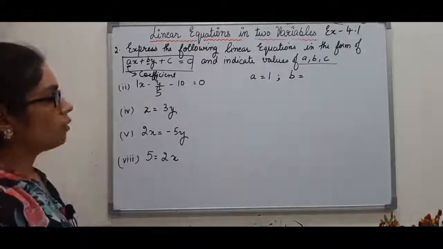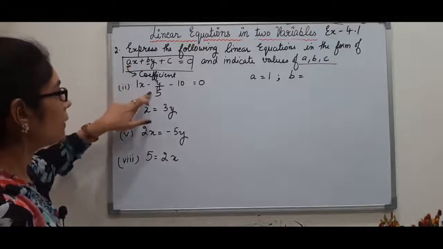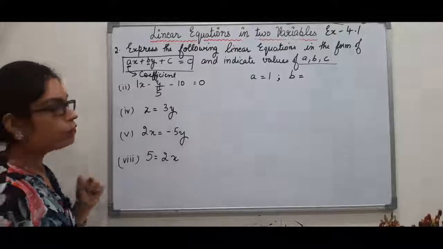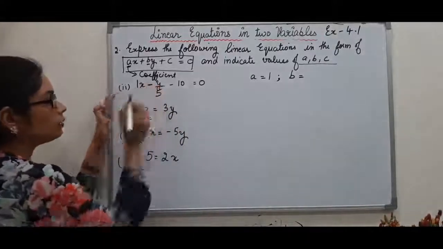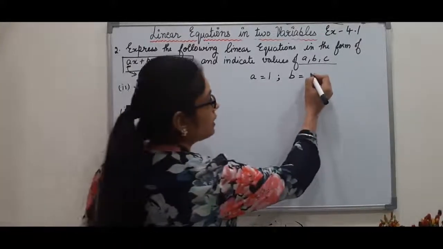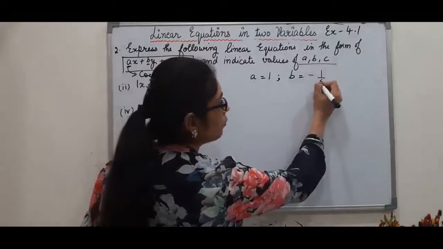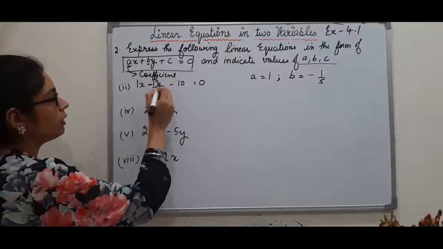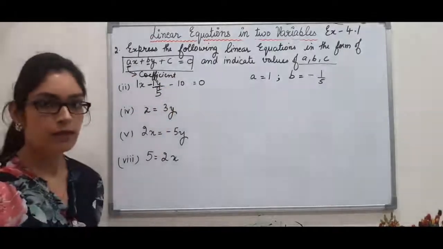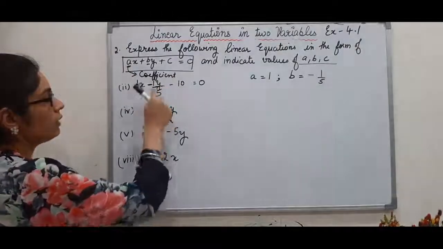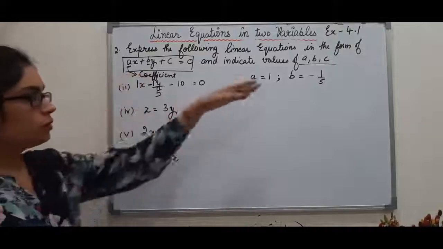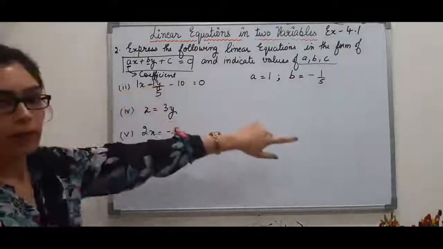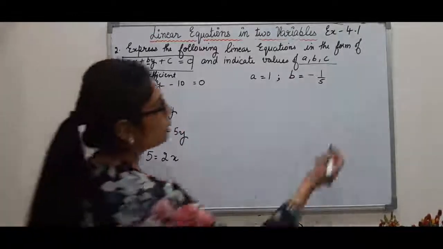So what is the coefficient of y? With y, you can see y by 5 is written, and you should not ignore this minus sign, which means b is equals to minus 1 by 5. If nothing is written with y, that means 1 is there with y, and this 5 is in division form. So the coefficient of y is minus 1 by 5, and you have to write the value of c also.